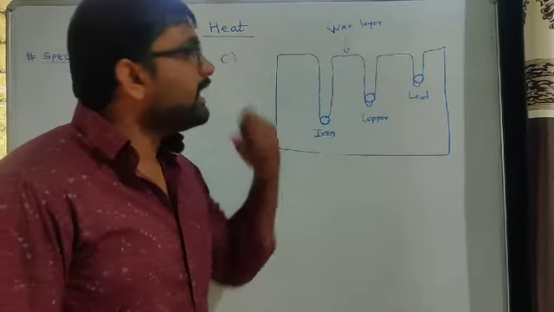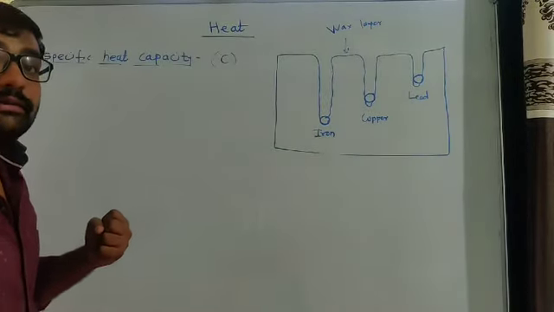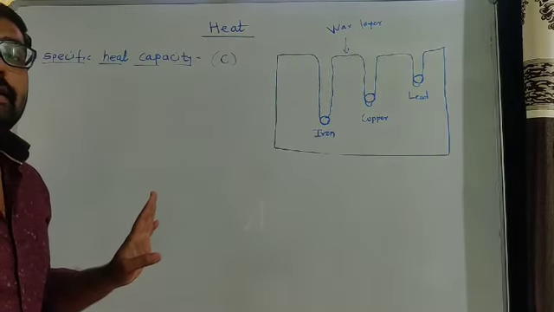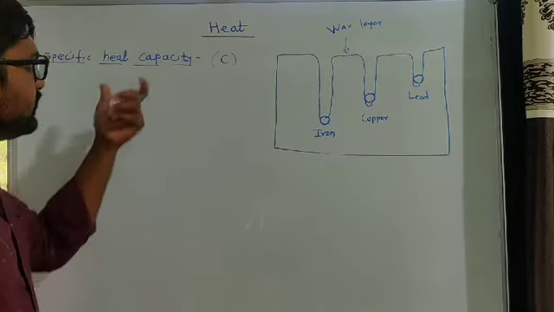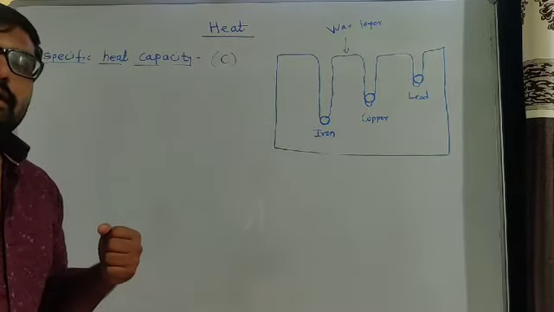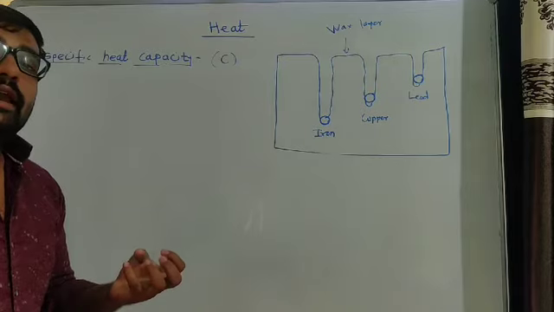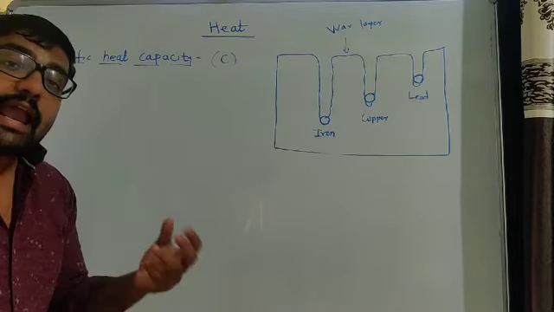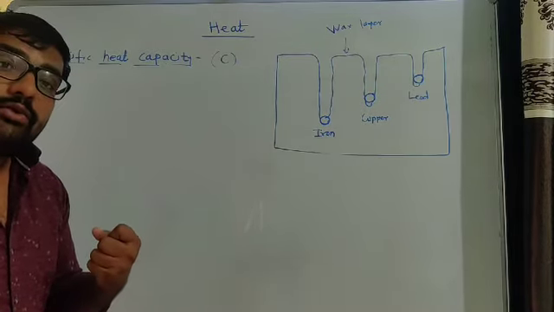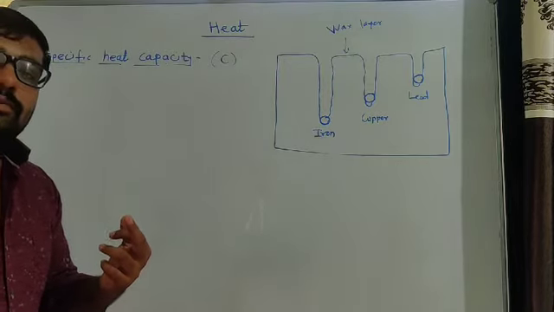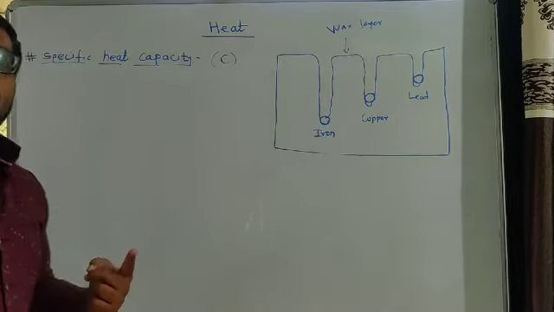How much heat a ball can absorb depends on the concept of specific heat capacity. It tells us how much heat any substance can absorb when we raise the temperature of that substance by 1 degree Celsius.